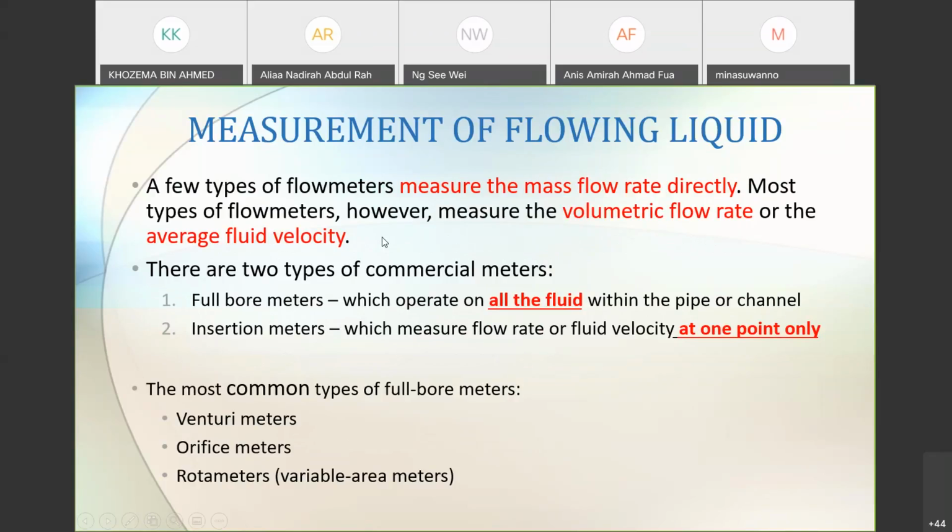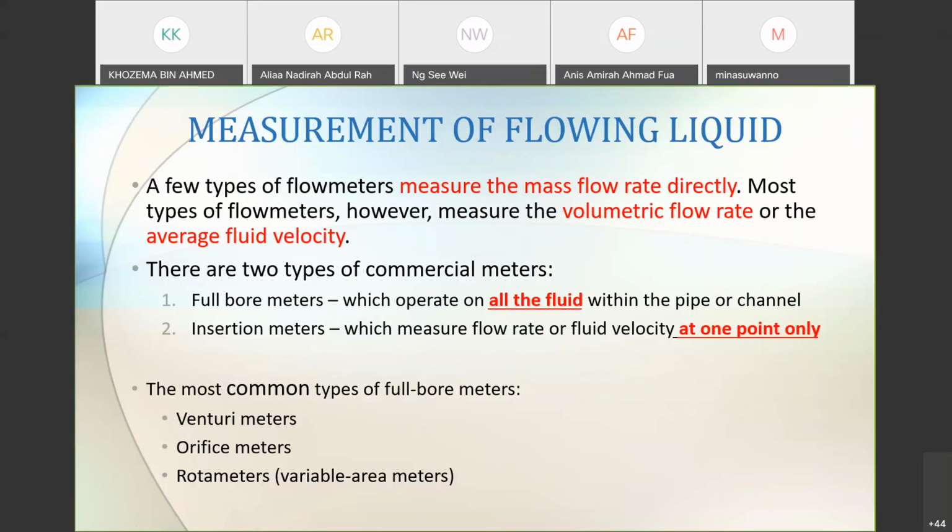So there are a lot of meters that can be used in industry to measure flow directly, but most of them measure the volumetric flow rate or the average fluid velocity. The two most commercially available meters to measure volumetric flow rate or average fluid velocity are known as full bore meters and insertion meters.